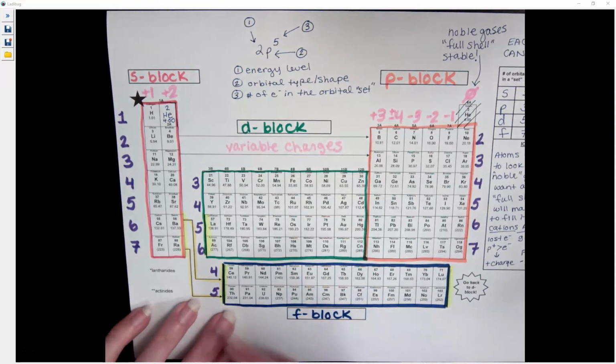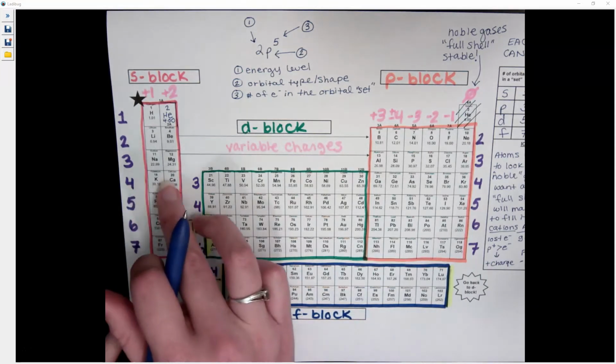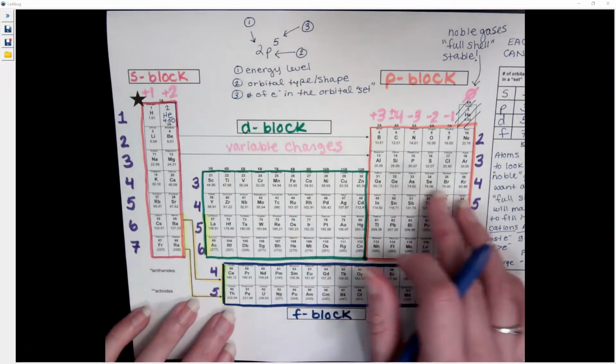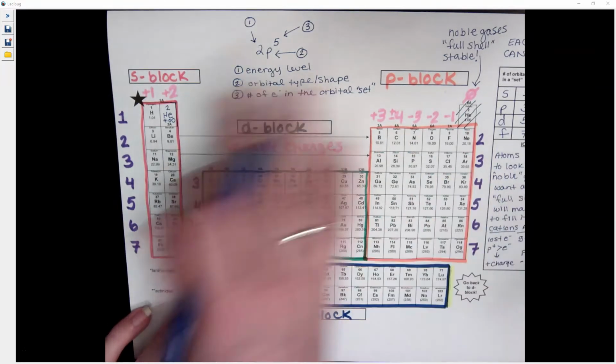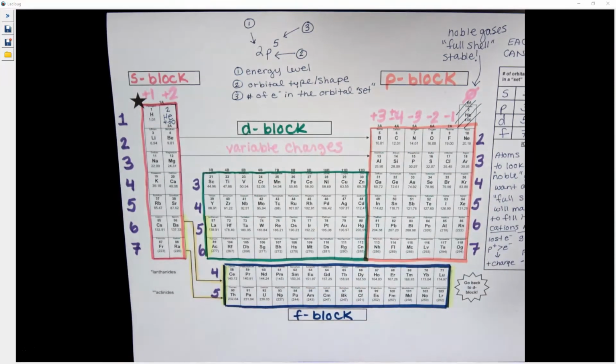We can figure out the charge that it likes to make based on which column it's in, all from looking at a periodic table, okay? So it's a lot of information to process. It will take a lot of practice, but that's why we find practice for you to do. So hopefully that was helpful, and we'll go on and do some practice.